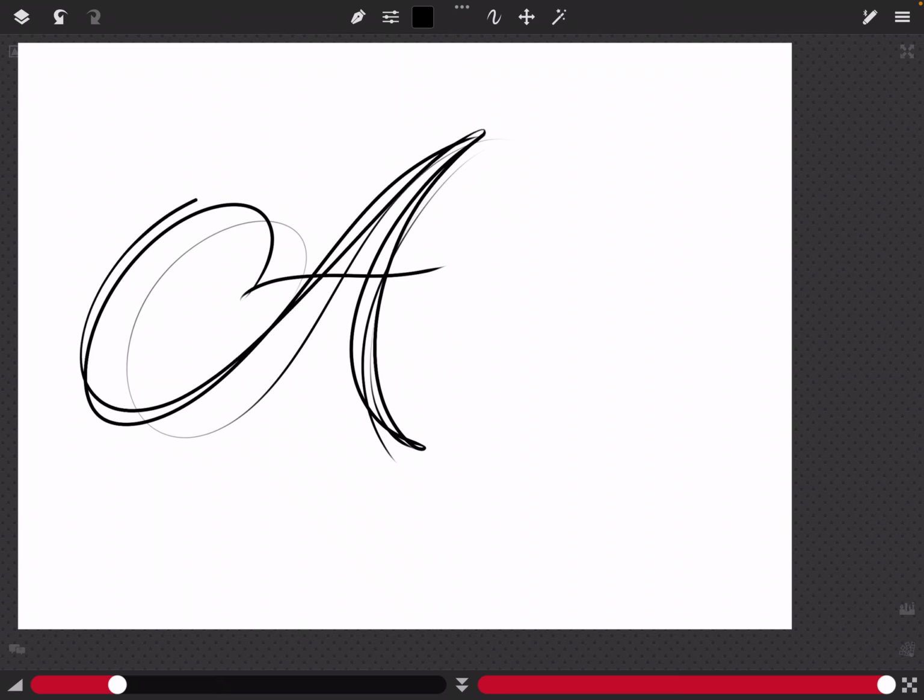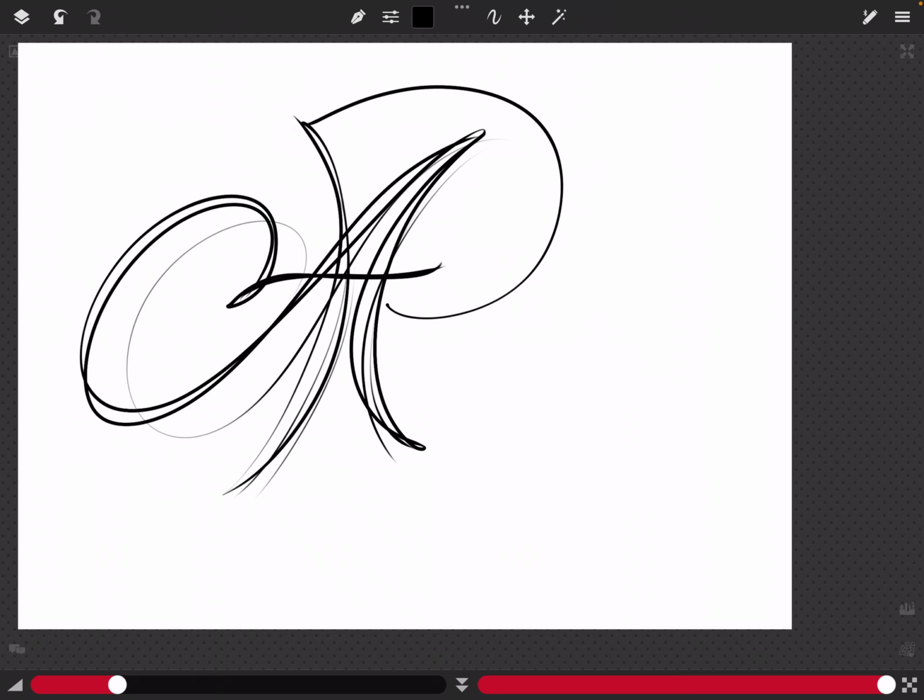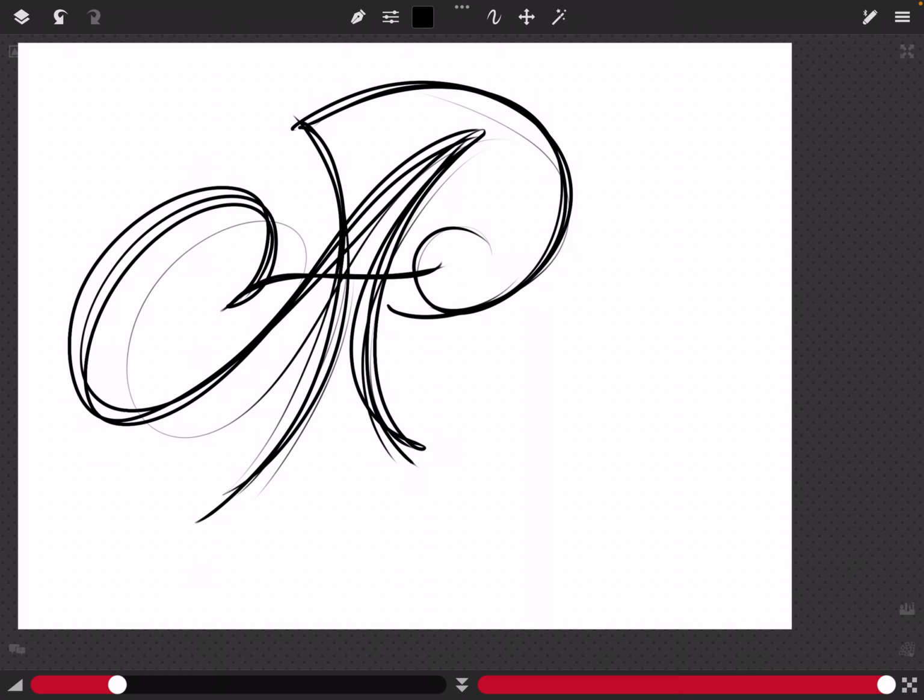So let's say that this is our A, and let's say I'm going to do a P. I'm going to make it really sort of overlapping. The P is like this. I think I'm going to have the stroke of the A that crosses horizontally be not connected.